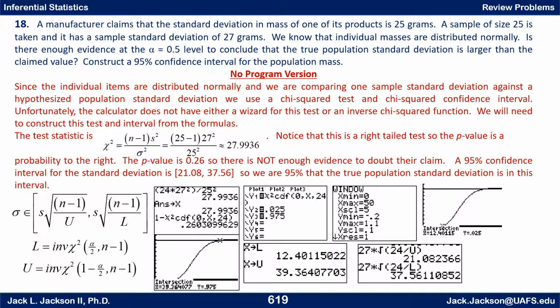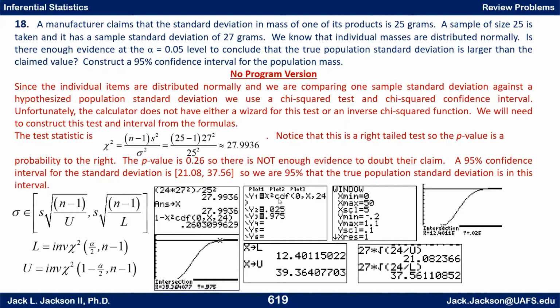To do the inverse, if you don't have any of my programs, you're going to have to do it this way. For these two values right here, for the lower and upper chi-square values, we take that 5%, and split it in half. That leaves 0.025 to the left of the lower chi-square, 0.975 to the left of the upper chi-square.